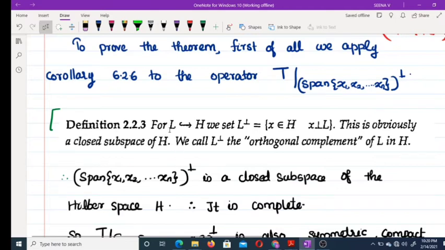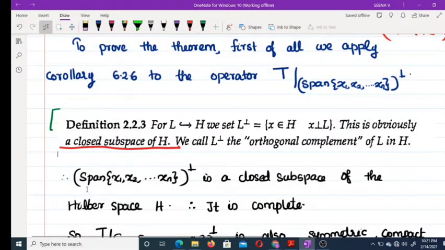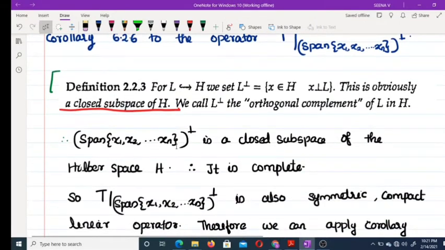We have one result. If L is a subspace of H, then L perp is the set of all those x belonging to H such that x is orthogonal to L, and L perp is a closed subspace of H. Therefore, the span of x1, x2, etc., xn perp is a closed subspace of H. And a closed subspace of a Hilbert space is always complete.